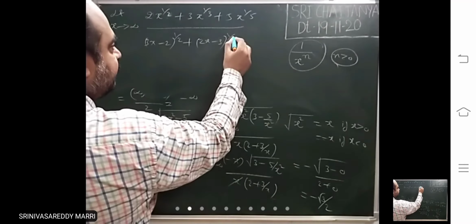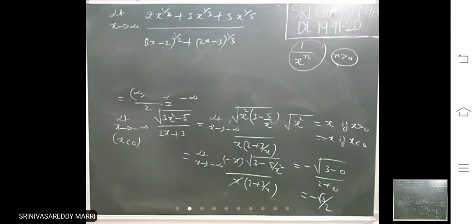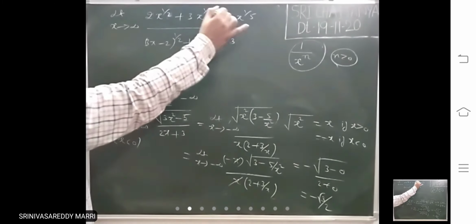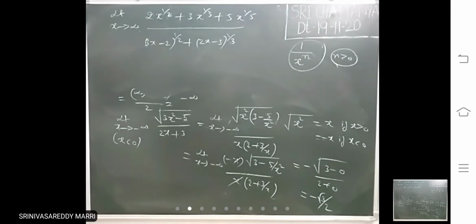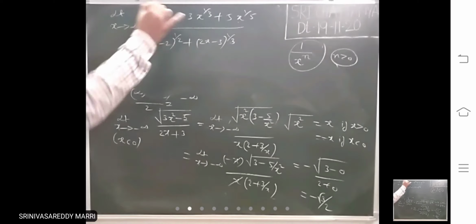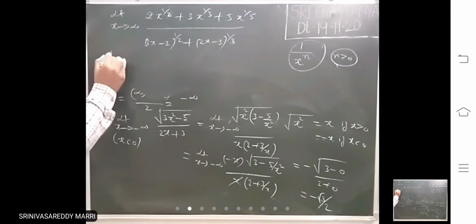Like that, a polynomial is not there. Even though a polynomial is not there, look at how to take common. We have x power 1 by 2, x power 1 by 3, x power 1 by 5. What is the highest power? 1 by 2. That only you take common.